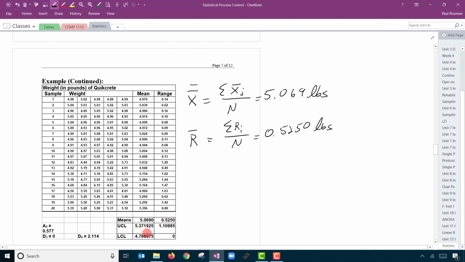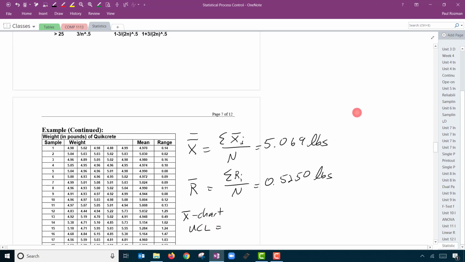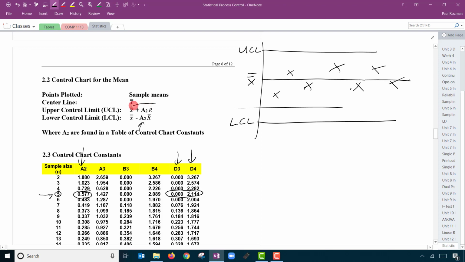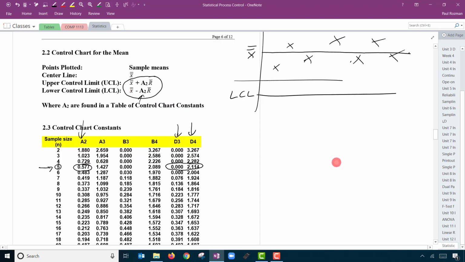To calculate your control limits for the mean, so the X bar chart, upper control limit, go back and take a peek at the formula. It's X bar bar plus A2 R bar.